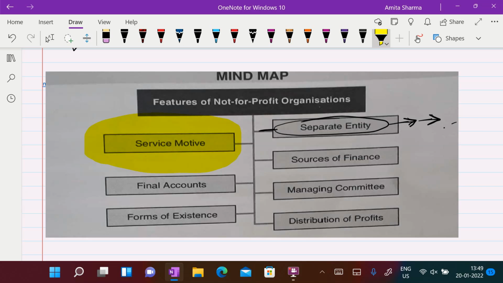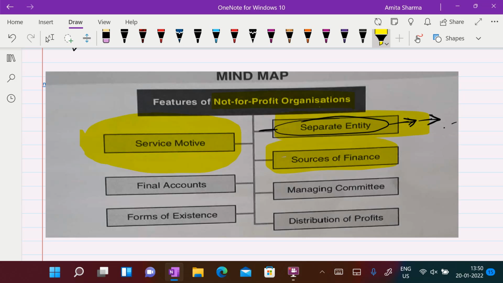Sources of finance. So it is a separate legal entity. It has service motive. So from where is it bringing the finance for running the not-for-profit organization? Dear student, they are getting finance from subscription, donations, government or private grant, income from investment, legacies, etc. The primary revenue source for not for profit organization is subscription which they are receiving from their members.